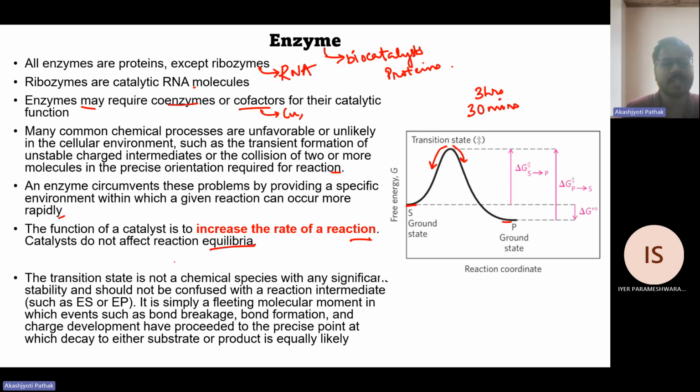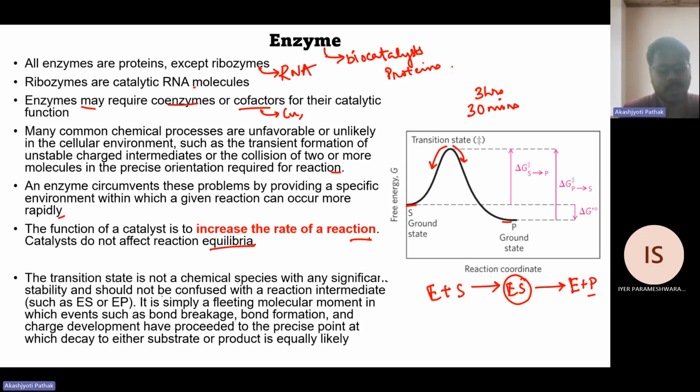The transition state is not a chemical species with any significant stability, and it should not be confused with a reaction intermediate. For example, enzyme plus substrate forming ES, and then forming enzyme plus product.